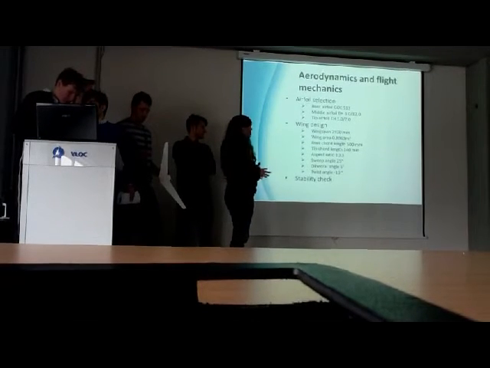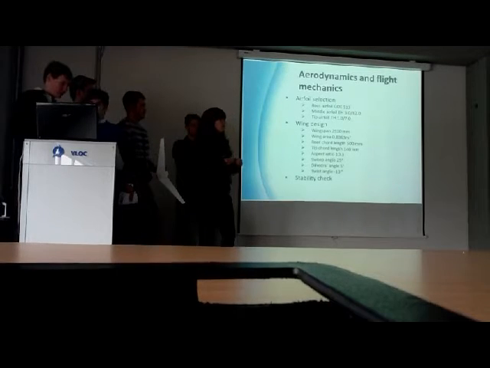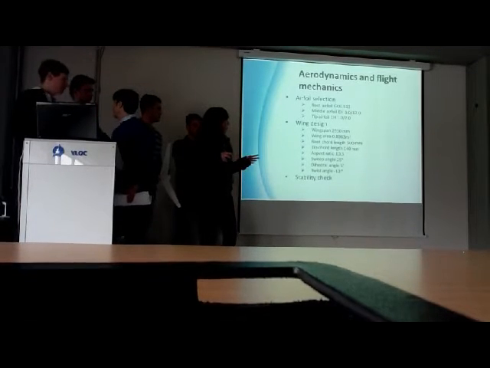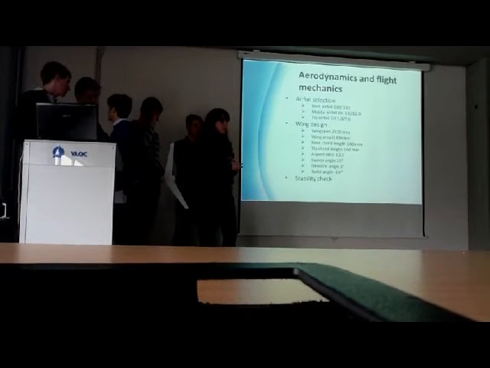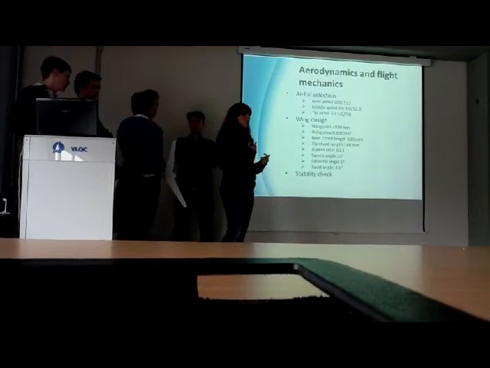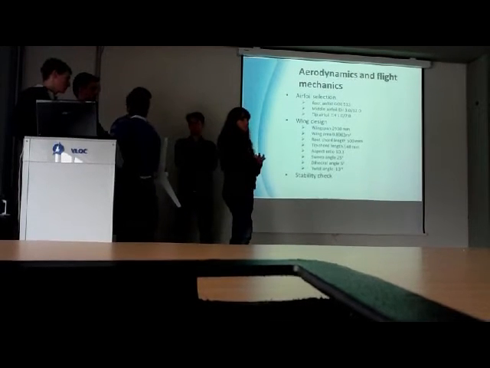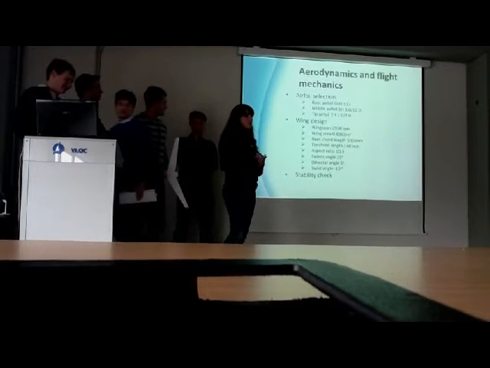We have a sweep angle of 25 degrees to improve roll stability, and also by the sweep angle we get the control surfaces further from the center of mass, so the torque they produce is higher.